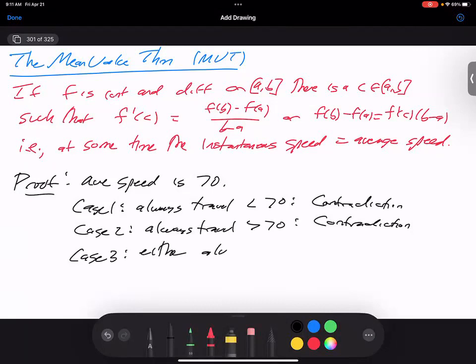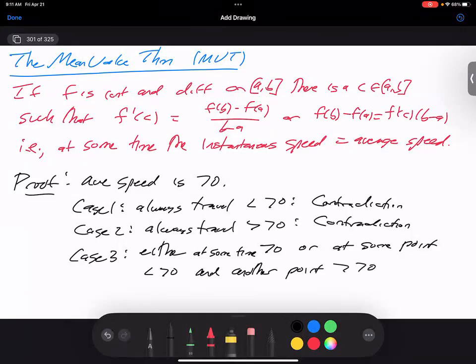Either always 70 or at some point, well, I guess it's not always that, either at some time we're 70, in which case we're done, or at some point we're less than 70 and another point we're greater than 70.